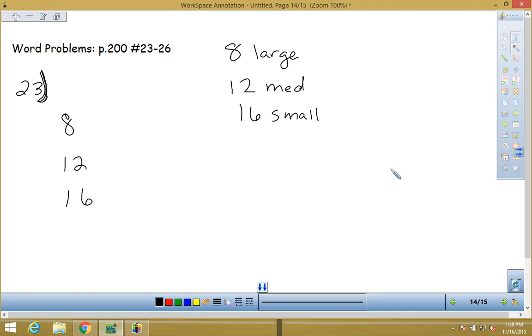Division ladders. I'm going to use division ladders. You use what method works for you, and you see if we get the same thing, okay? So I'm going to list out 8, 12, and 16. I notice that they are all what? Even. So I'm going to go ahead and use 2.